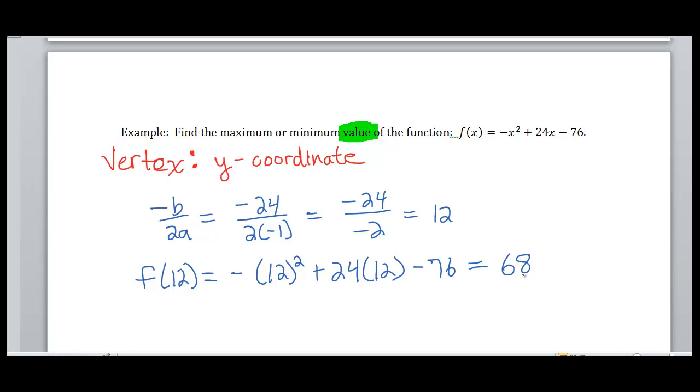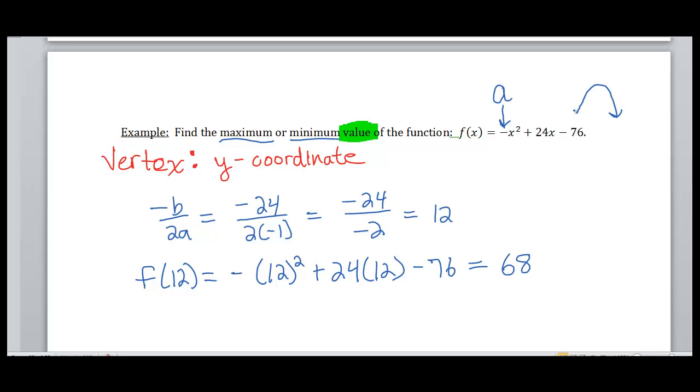Now, one thing that I forgot to do was determine whether it was a maximum or a minimum value. And one thing that'll help us is to be able to determine what that a is from our formula. And remember, a is always the coefficient on your leading term here, which is a -1. And since that's a -1, I know that my vertex is going to be a maximum only because this opens downward.